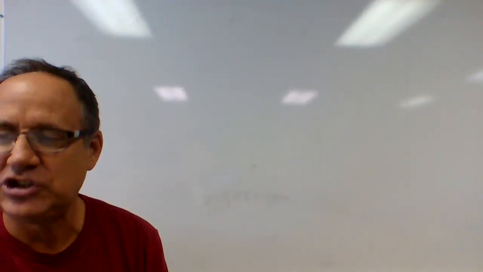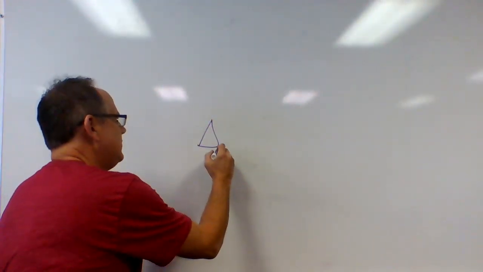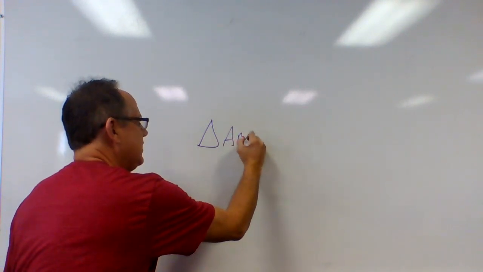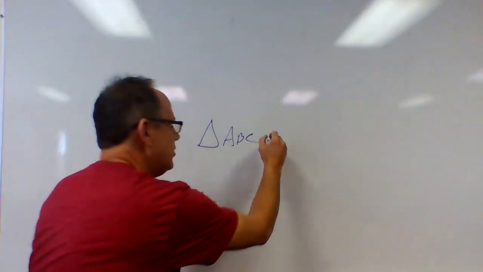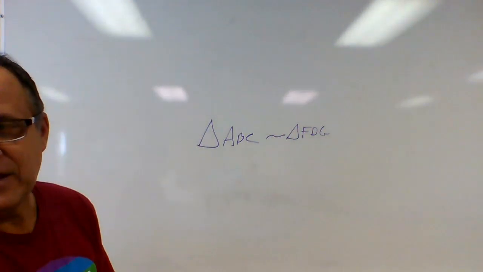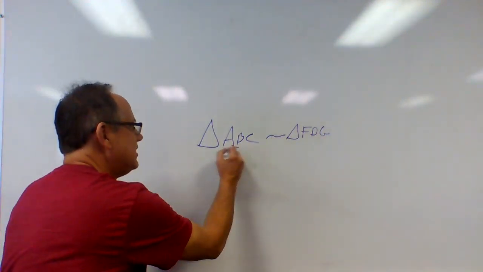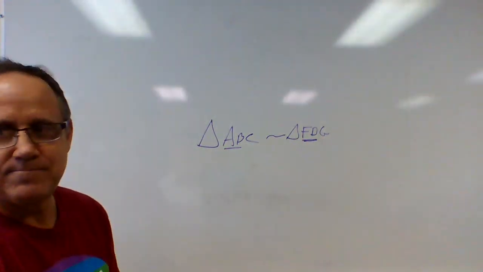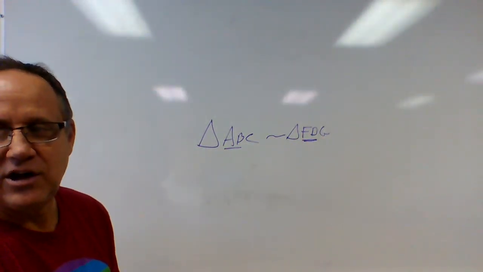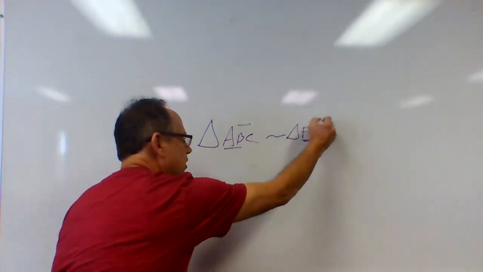We are looking at triangle ABC and triangle FDG. When triangle ABC is similar to triangle FDG, then we know the sides are going to be similar.